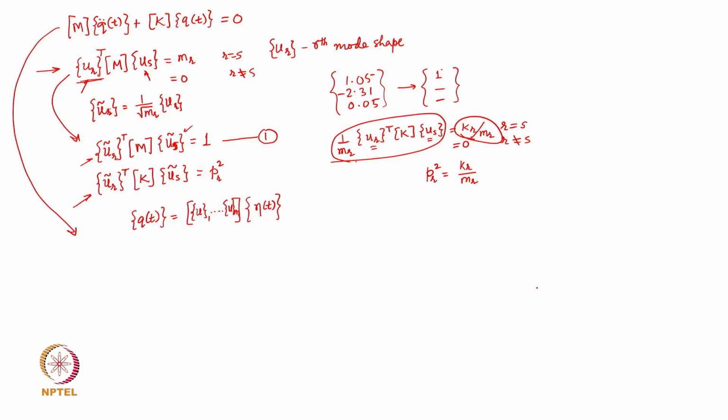It could be eta 1, eta 2, eta 3. So, this eta is the vector containing all the principal coordinates eta 1, eta 2 up to eta n of t.